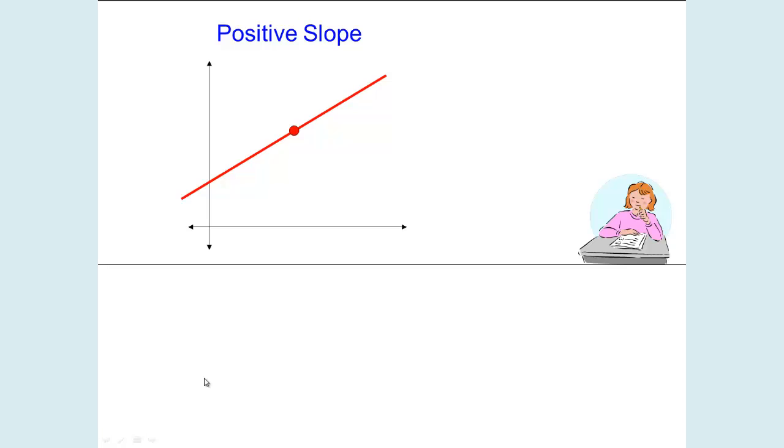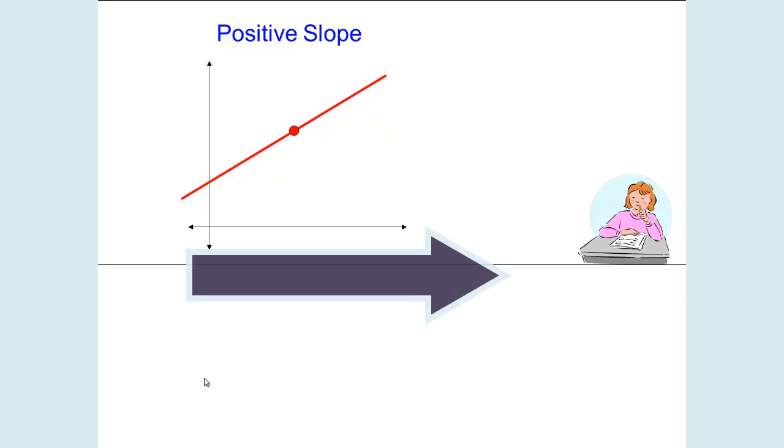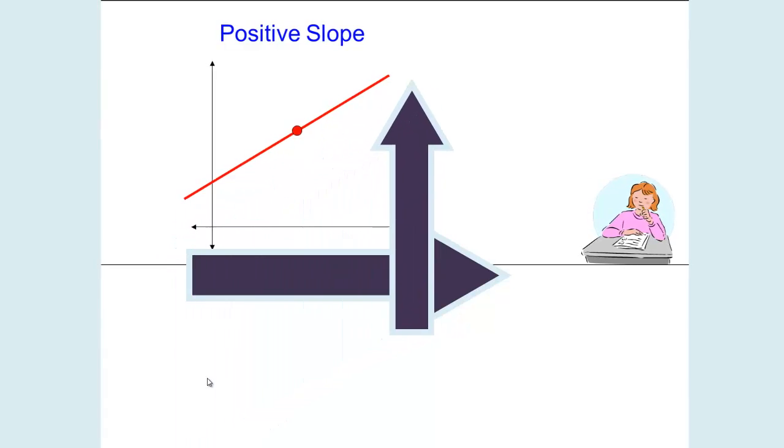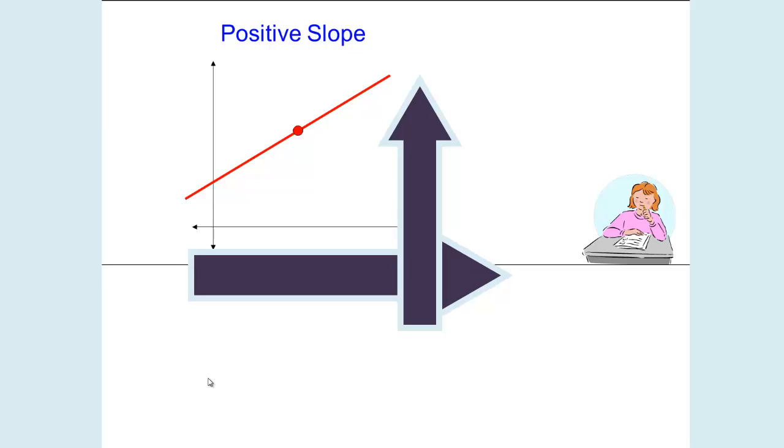We will pick up here on talking about positive and negative slopes. As we talk about positive slope, first of all, notice as you look at the line, it moves upward as you move from left to right. If you follow this with your finger from the left side of the page to the right side of the page, you are moving in an upward motion.